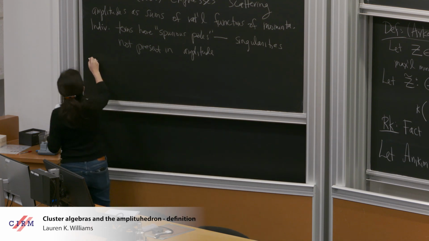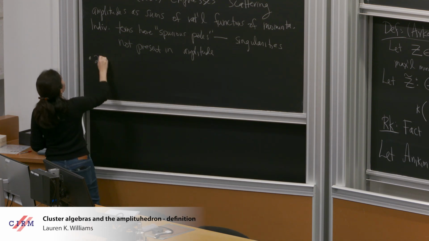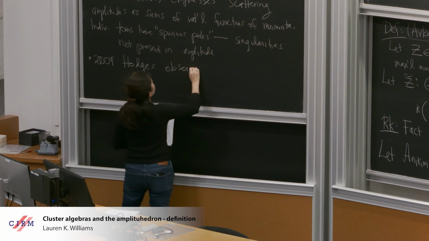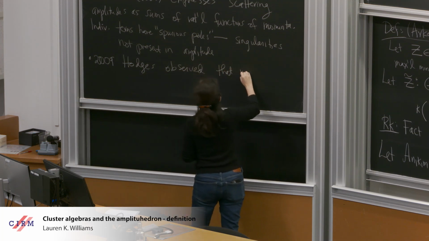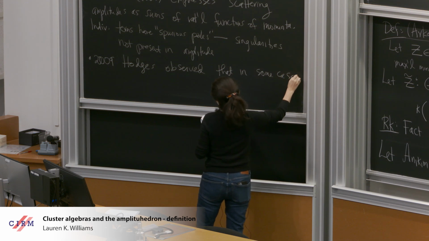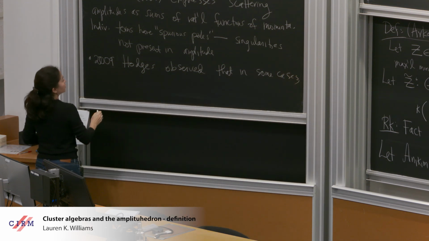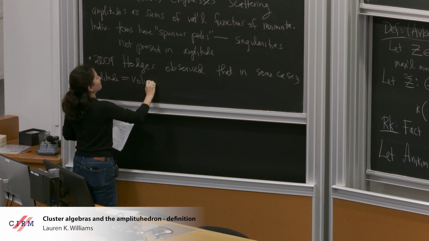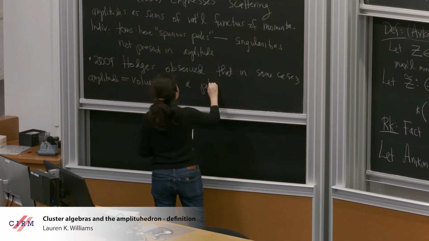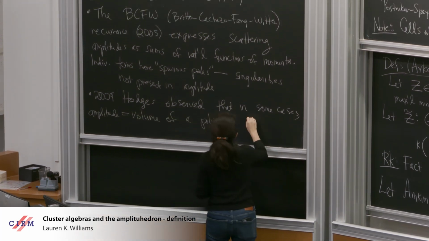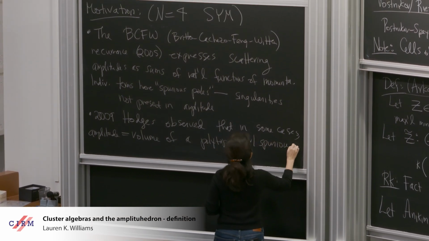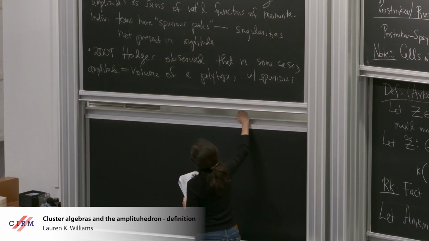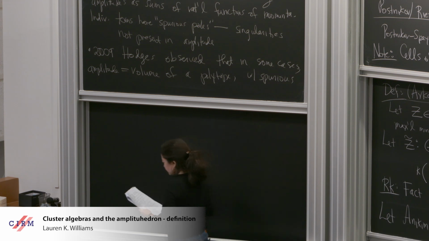And then in 2009, Hodges observed that in some cases the amplitude is actually the volume of a polytope, with these spurious poles arising from internal facets of a triangulation.